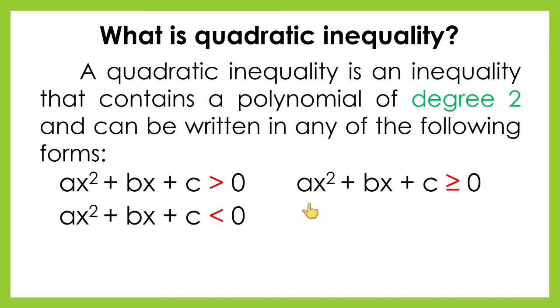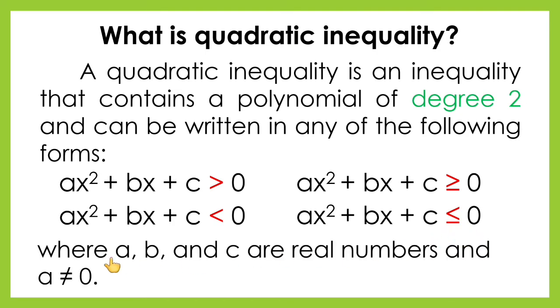The third is ax squared plus bx plus c is greater than or equal to 0. And ax squared plus bx plus c is less than or equal to 0. Where a, b, and c are real numbers and a must not be equal to 0.